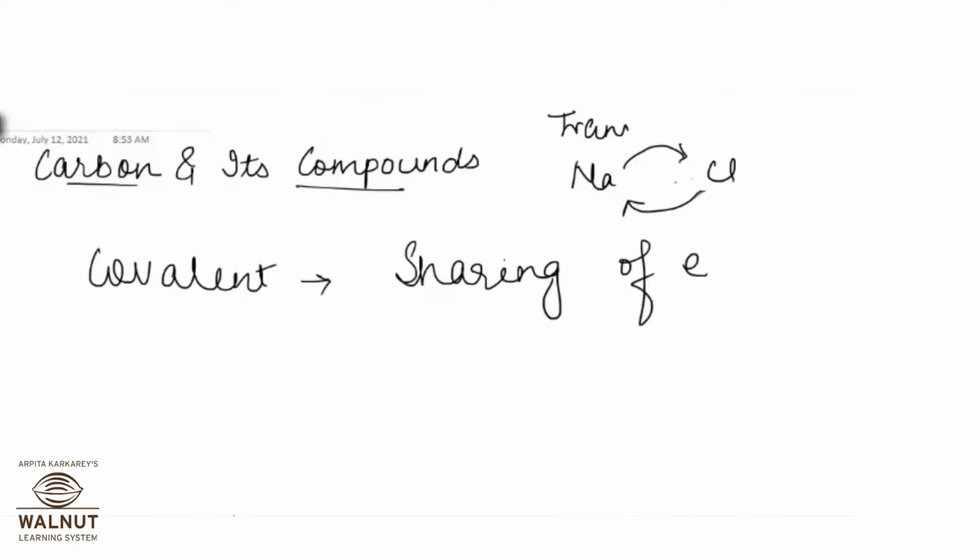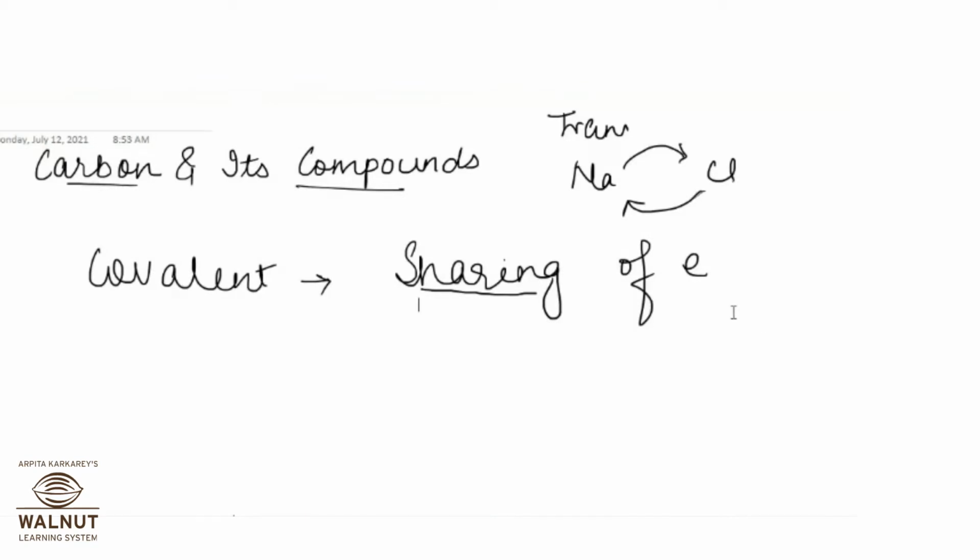Sodium is completely transferring. But when you talk about sharing, whatever elements are involved will be equally contributing to the bond formation. Sharing should be from both sides; it never happens that it is only from one side. So in a covalent bond, the bond is formed by sharing of electrons.